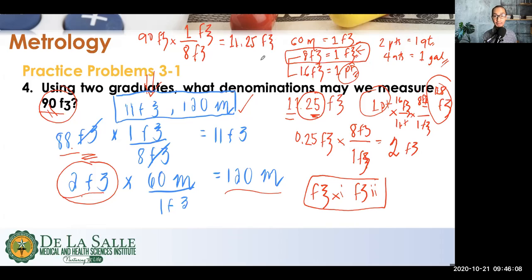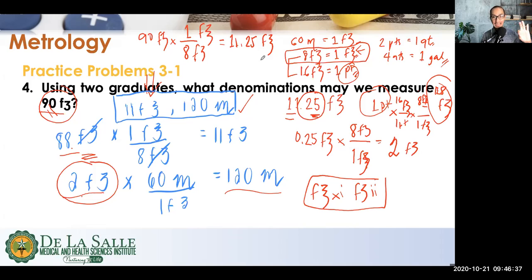Now remember what I mentioned before, no? The graduate that is divided in units of fluid ounces ay merong 16 divisions lamang. Kaya yan 16 divisions lang, kasi you can only measure 1 fluid ounce, 2 fluid ounces, up to 16 fluid ounces, kasi 16 fluid ounces are already equivalent to a pint.